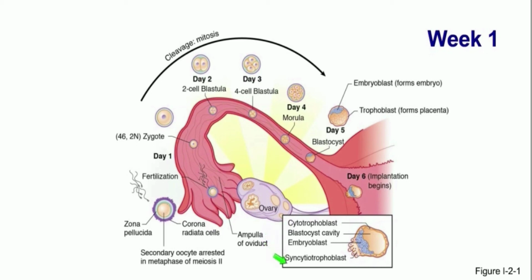So it forms a syncytium, a multinucleated cell. So those fused cells are now forming the syncytiotrophoblast. But remember that syncytiotrophoblast do not divide. There is no mitotic activity any longer. So syncytiotrophoblastic cells are not able to divide.